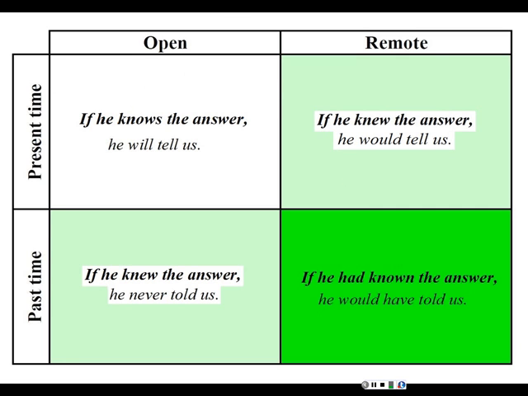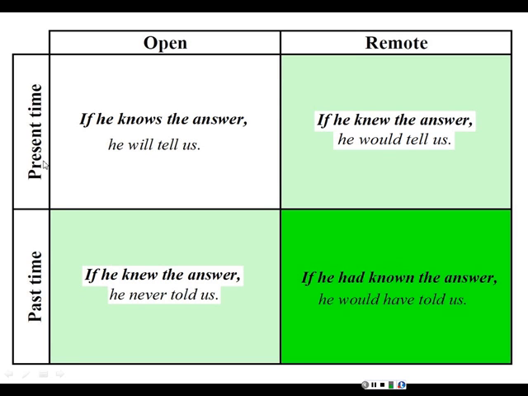We don't know. Remote are what have sometimes been called unreal. These are things that indicate unlikelihood or perhaps impossibility, but I'm calling them remote because they might also just indicate politeness, where you're trying to indicate that something is not as certain, that you're not really assuming that something might be the case.